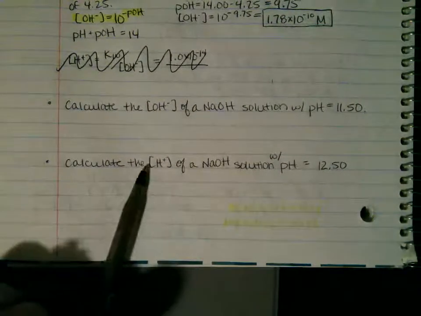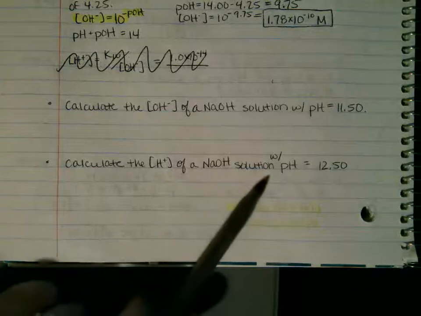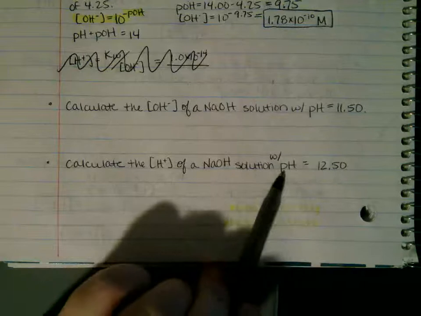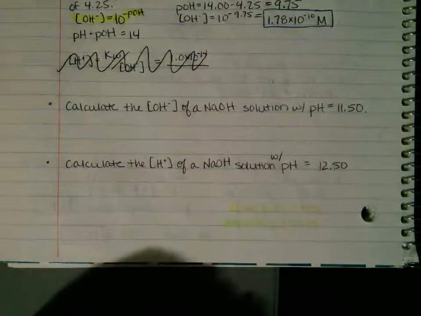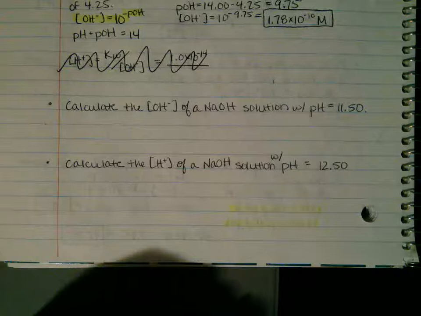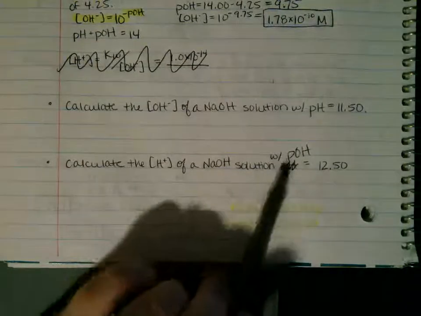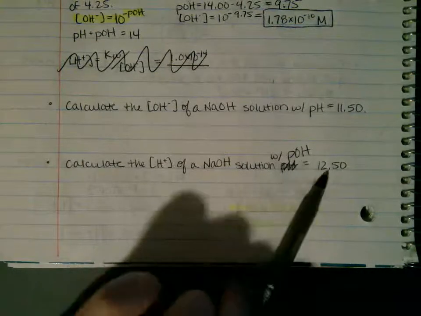Okay, calculate the hydrogen ion concentration of a sodium hydroxide solution with a pH of 12.50. Okay, so we're going from, no, I wanted this to say pOH. Change that to pOH. We're going to make it more complicated. Okay, so if we have our pOH, we could easily find our hydroxide ion concentration, right? 10 to the negative pOH, 10 to the negative 12.50.